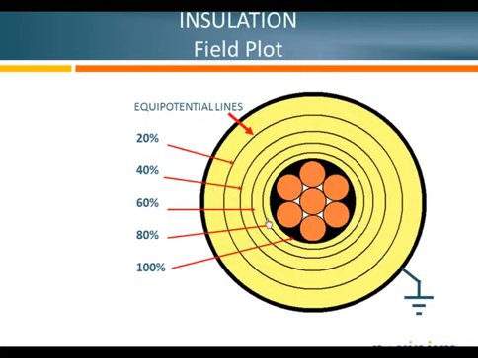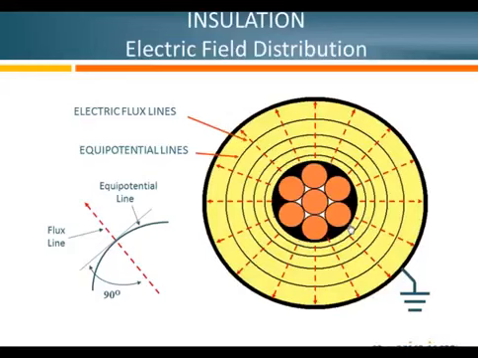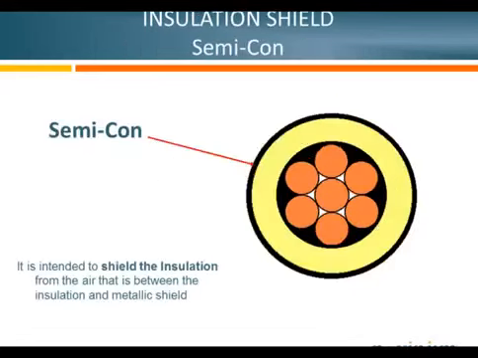And then your flux lines, they're perpendicular to your equal potential lines, and so you can see again uniform, even field distribution when you have a shielded power cable. And that's what your Semicon does on the outside of the insulation, provides that ground.